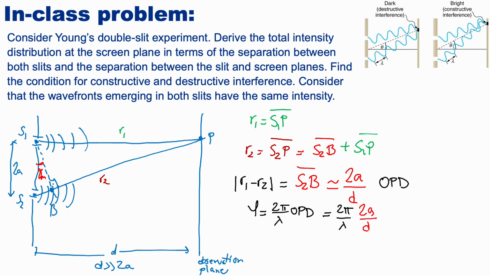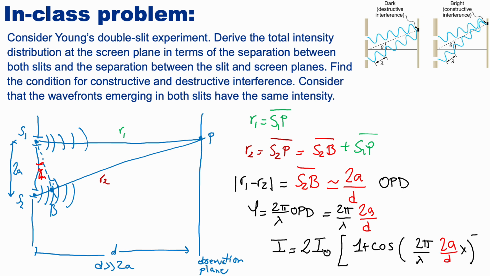So this is going to be 2 pi over lambda times 2a over d, right? So when we write our resultant intensity, both waves are illuminated with the same intensity. Both spherical waveforms have the same intensity, so that's why we have 2 I sub 0, and then 1 plus cosine of the phase. Now we know that the phase is 2 pi over lambda times 2a over d, changing along the x direction.